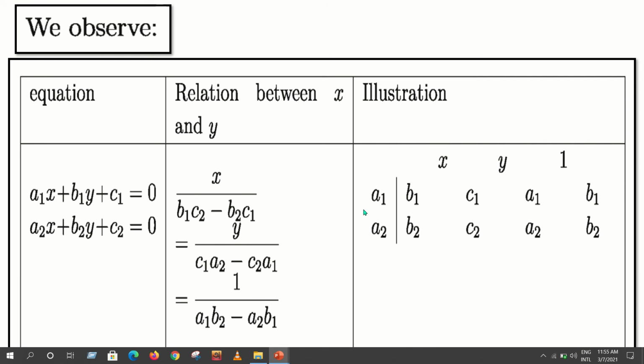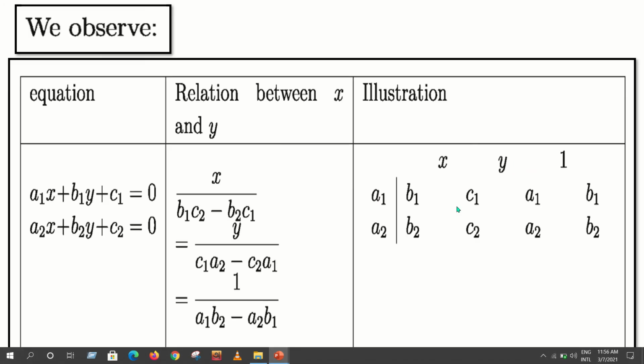Then we take this part out of the line, and here x, here y, and here 1. As a result, b1 c2, that means this, and b2 c1, that means this. Clear? That means when we take x, we take this part, when we take y, we take this part, and when we take 1, that means constant, we take this part.